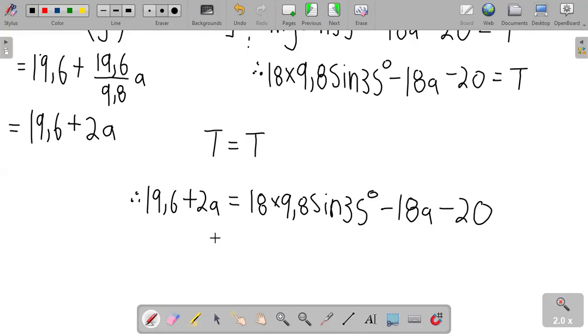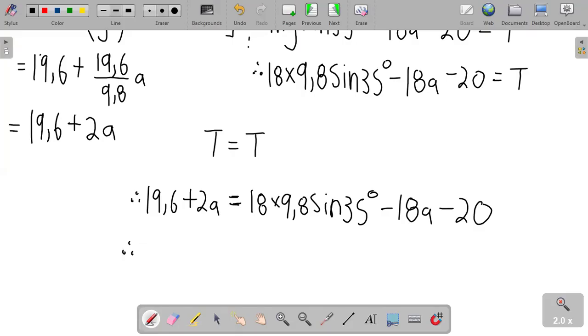And now when we have this, we can find A. We can group the A's one side and then we can group the numbers the other side. So we can bring 18A this side and then we take 19.6 the other side.